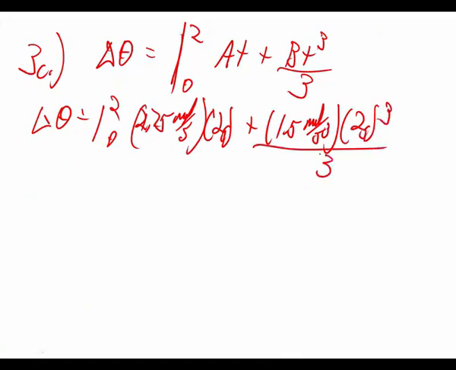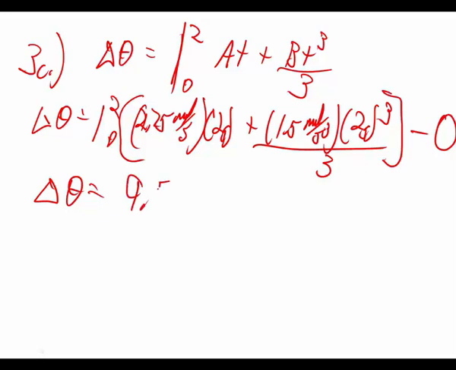You could reduce that, but I'm not going to. And so final theta, or the change in the arc in a 2 second time interval, is 9.5 radians. At the lower limit it's minus 0, so I don't need to do that part because it's 0.